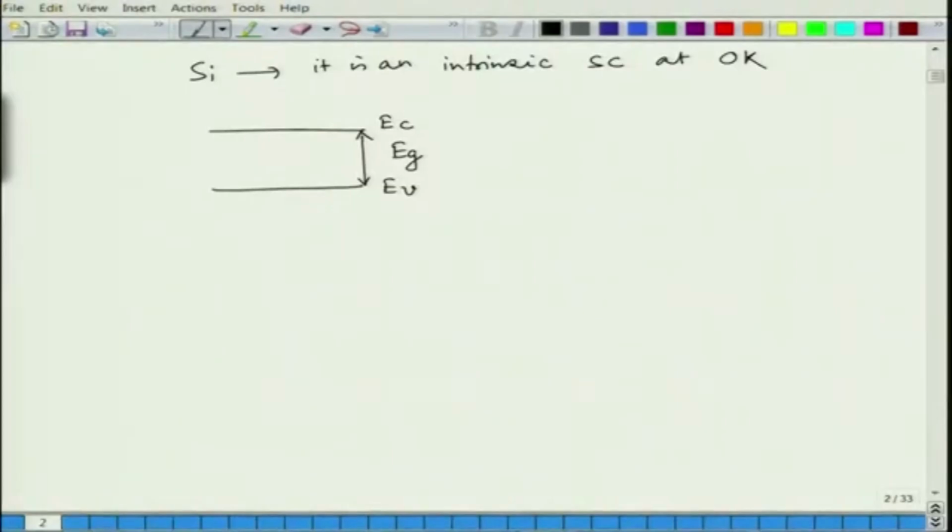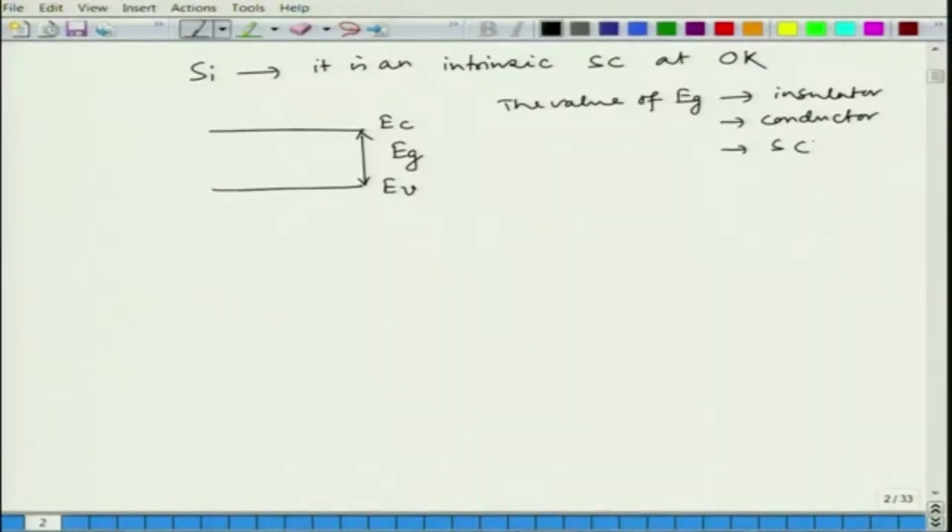Now, depending on the value of Eg, it tells us whether it is an insulator, conductor or semiconductor. Okay. So, now how are the electrons arranged on this? You can think of at 0 Kelvin, the electrons will all lie in the valence band only.